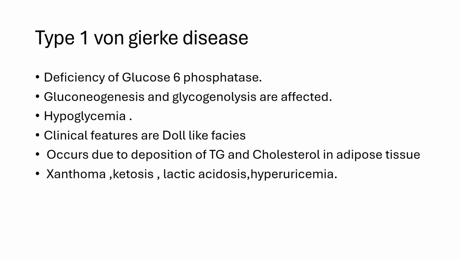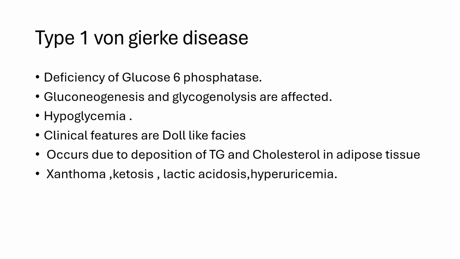Now let us talk about type 1, Von Gierke disease. In this there is deficiency of glucose 6 phosphatase. So gluconeogenesis and glycogenolysis are affected.